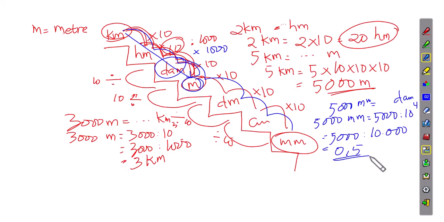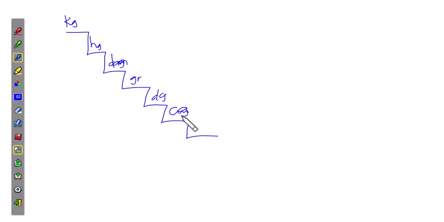For example, we will have here the unit of mass. The name is almost the same as well. Start from kilogram, hectogram, decagram, gram, decigram, and centigram and milligram.